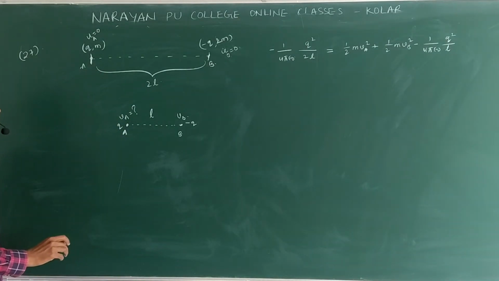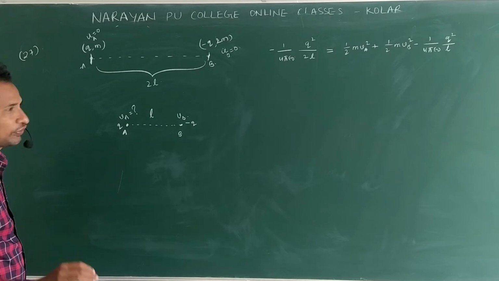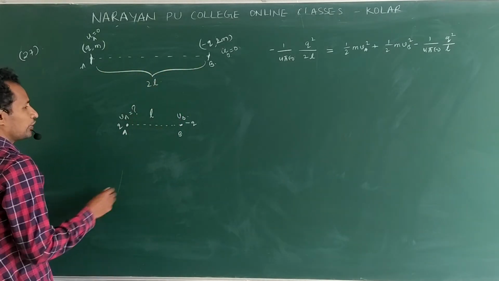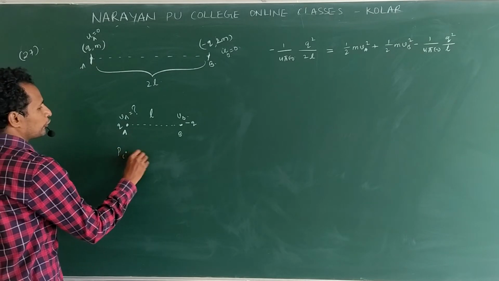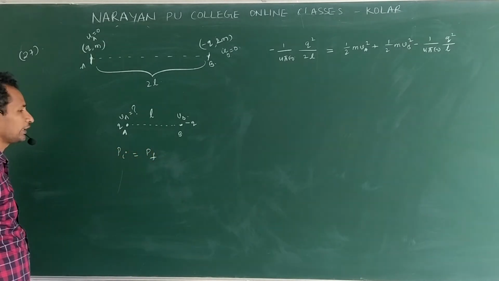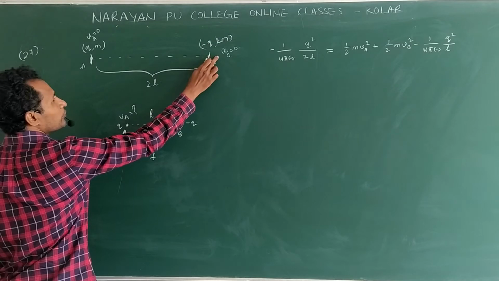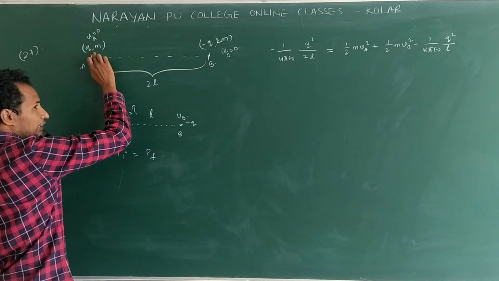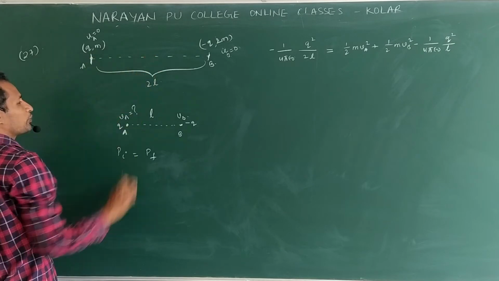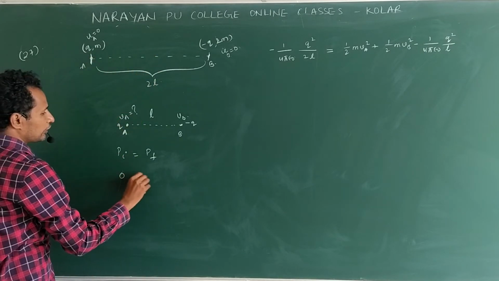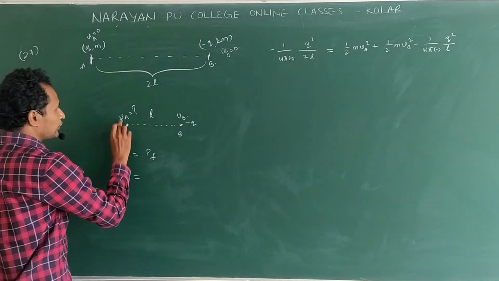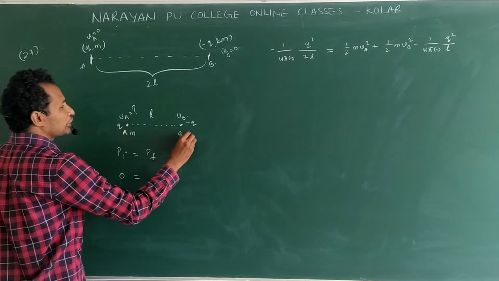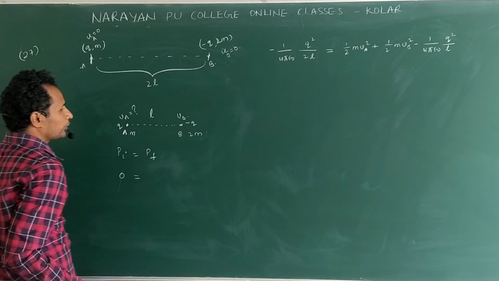This we will get by using the law of conservation of linear momentum. The initial momentum of each particle is 0. So P initial is equal to P final. Initially their momentum is 0 because they are released, so the initial velocity is 0. Now this 0 is equal to this velocity. If we take it VA, this mass is given m, this mass is given 2m.